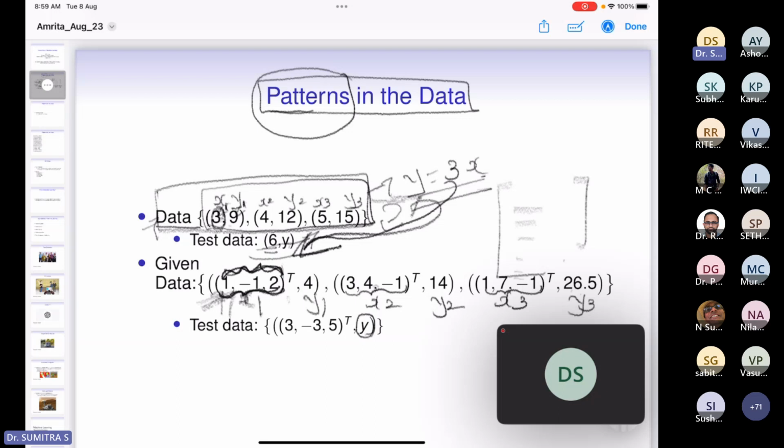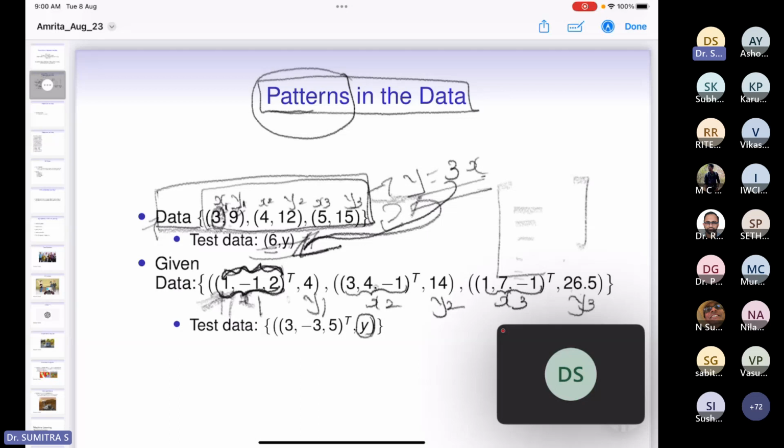If we have very high length vectors, how will we, as humans, be able to extract information? It is nearly impossible. This shows the importance of machine learning algorithms.